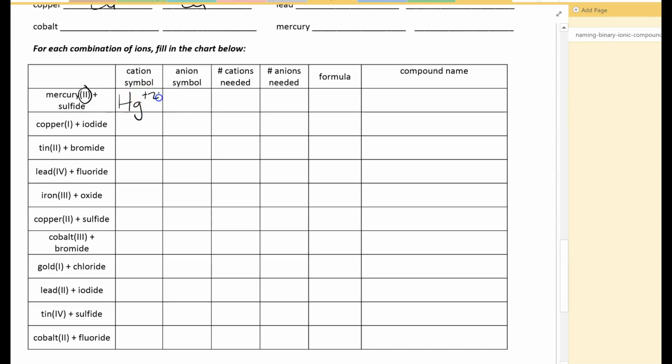Mercury is +2, sulfide is the same thing, so you need one of each. It's going to be HgS, and you're going to name it mercury(II) sulfide. So you do have to put the Roman numeral now because you have to indicate which ion you're talking about.